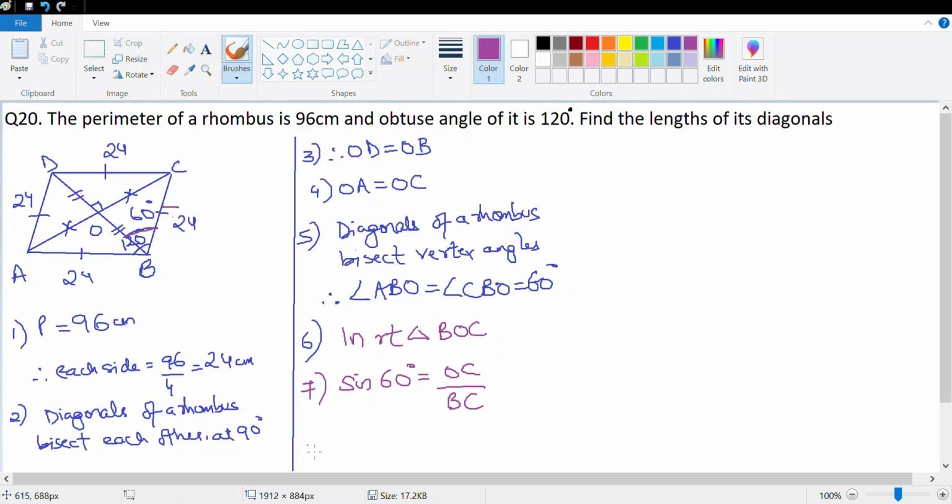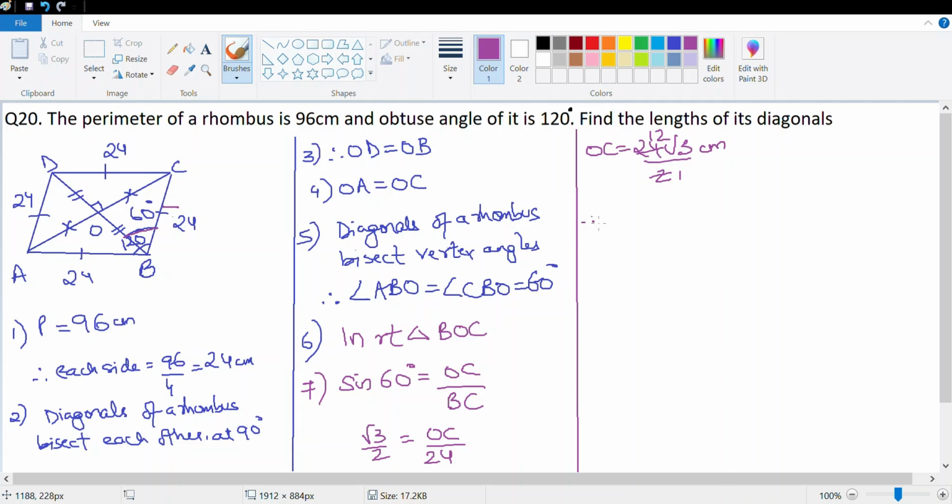Sine 60 degree is equal to root 3 upon 2. So root 3 upon 2 is equal to OC, which we don't know, and BC, which is 24. What this means is OC is equal to 24 root 3 upon 2, which is 12 root 3 centimeter.